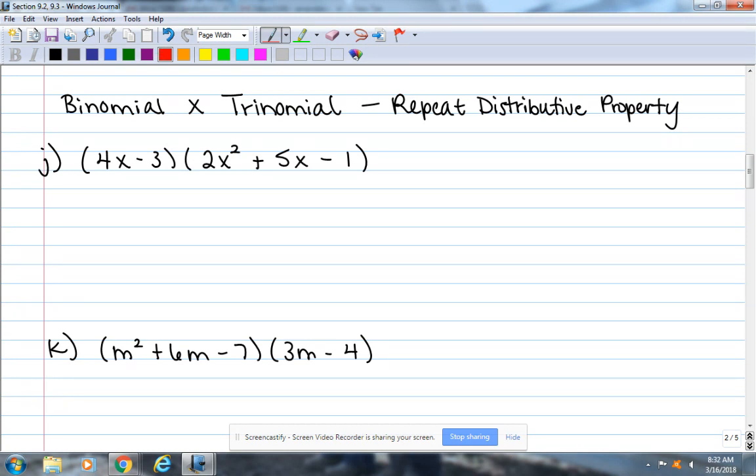And then I'm going to come back with my negative 3 and multiply it times this term, this term, this term. Okay? So each term in the binomial gets multiplied times each term in the trinomial. And after we do that, we'll combine our like terms and we'll be done. So y'all look at me when you get the problem written down and then we'll start.